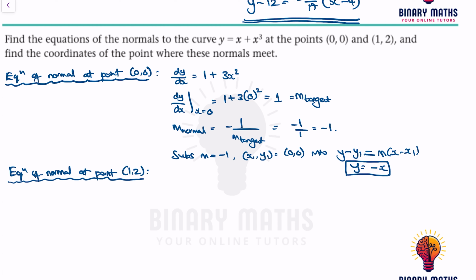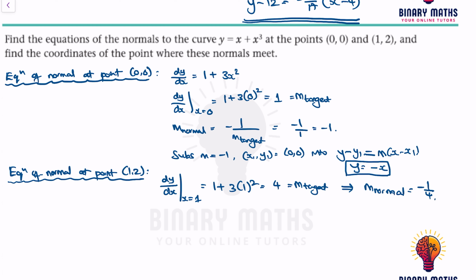Okay, I already know what dy dx is. So it's the same equation that we're looking at. So I need to find the dy dx at x equals 1, which means I get 1 plus 3 times 1 squared, which is equal to 4, which is the gradient of the tangent. This implies the gradient of the normal will be equal to minus a quarter.